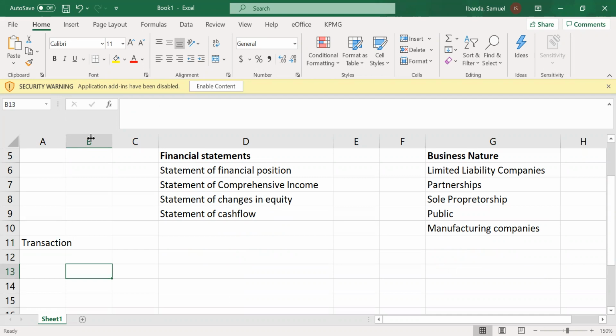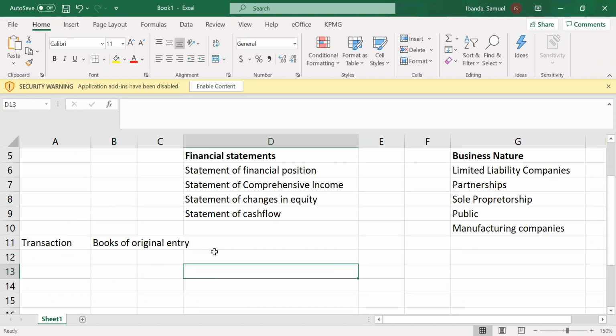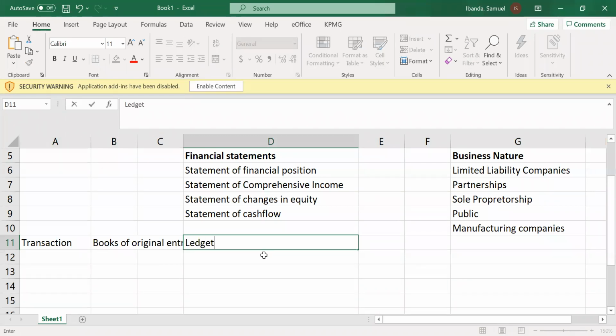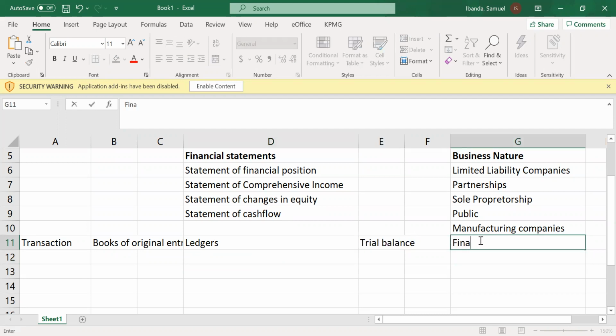Transactions go and enter books of original entry, which are also called books of prime entry. These go to ledgers, and from ledgers, we balance off and go to our trial balance. And then we now prepare our financial statements.